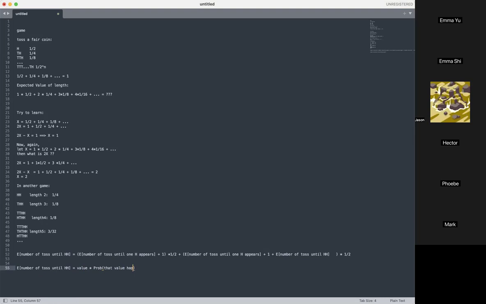So like the value 1 times the probability that value 1 happens, and we can call it the probability of value 1. And the value 2 times the probability that value 2 happens, dot dot dot. So this is the definition of an expected value.